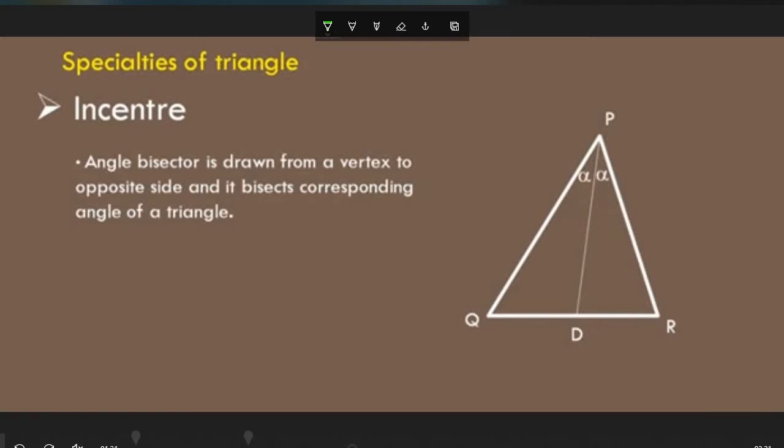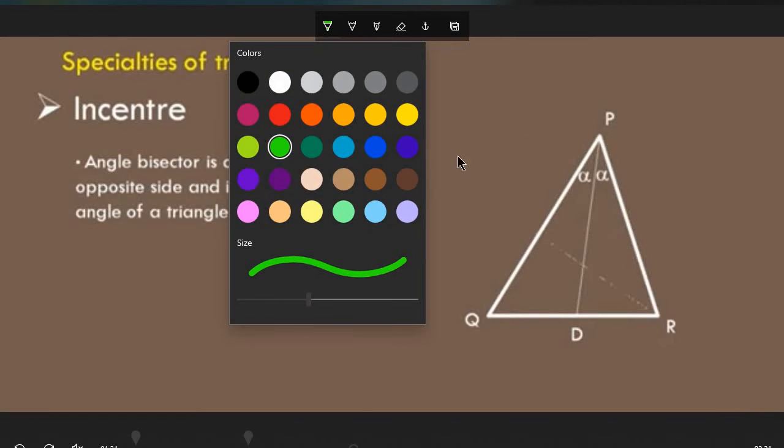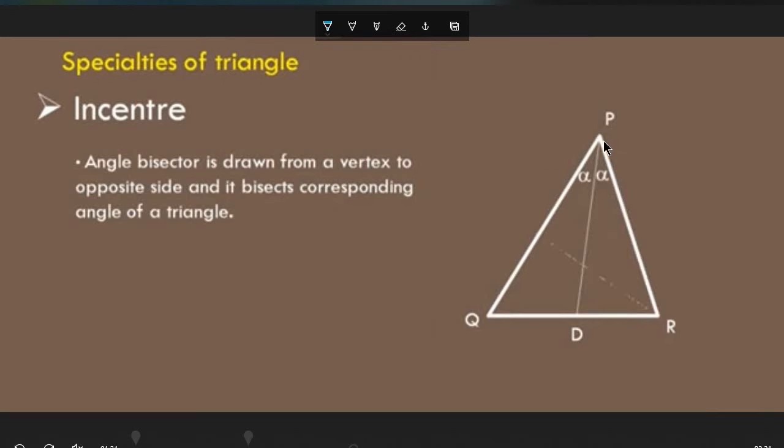There is PD here. This line is bisecting this angle P. So these two angles are equal, and it is written also alpha and alpha.